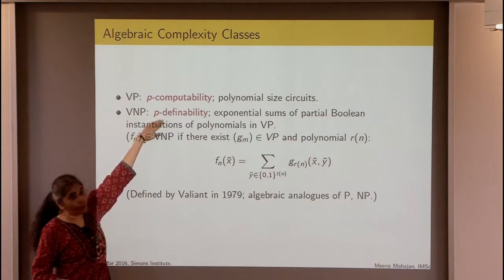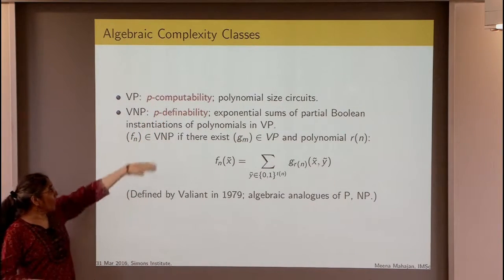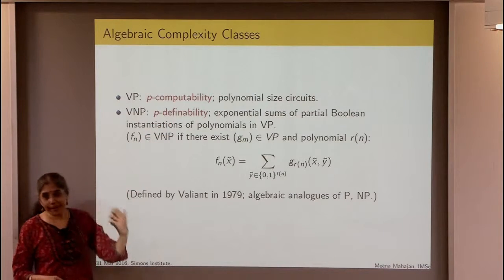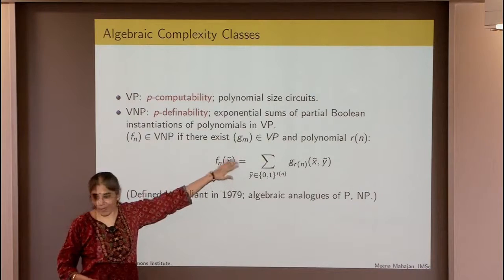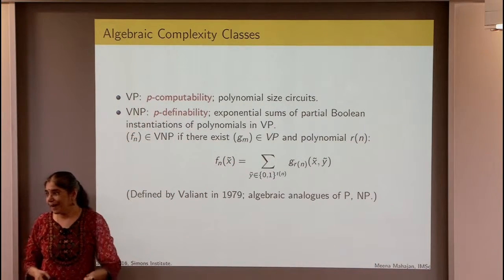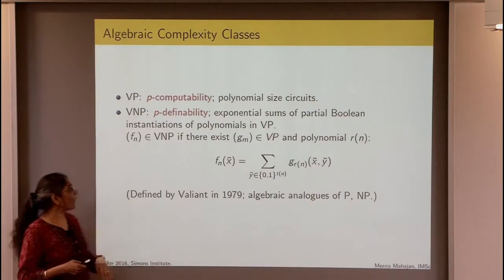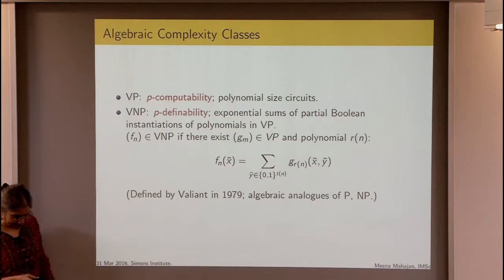And he also had this notion of P definability. So P computability is like the algebraic analog of P, and P definability is the algebraic analog of NP. So here's a very formal description of it, but even if you don't want to see the formal definition, it's fine. These are just algebraic analogs of P and NP. And of course, Valiant didn't call it that, but now we call them VP and VNP. Valiant's analog of P and Valiant's analog of NP.